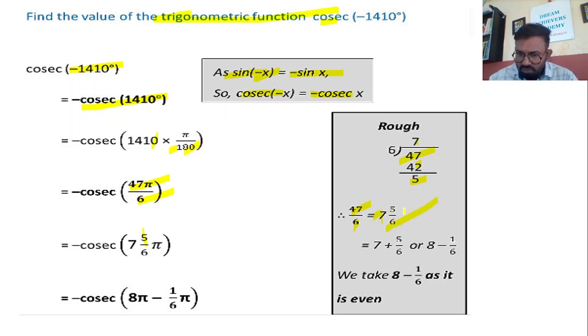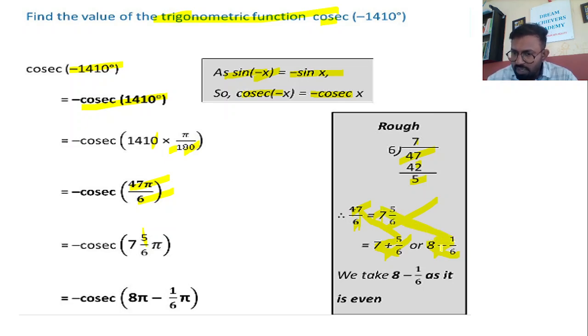Here you can see in the rough work. I can make this in two ways. Remember this, when there is a negative, we can make it like this, 7 plus 5 by 6 or 8 minus 1 by 6. We will get the same value, you can check it out. 7 6s are 42 plus 5, 47 by 6. 8 6s are 48 minus 1, 47 by 6.